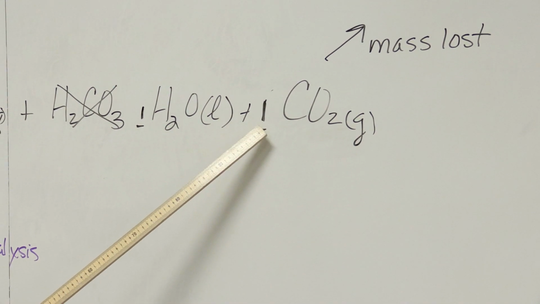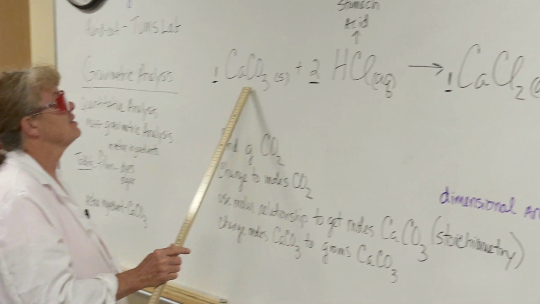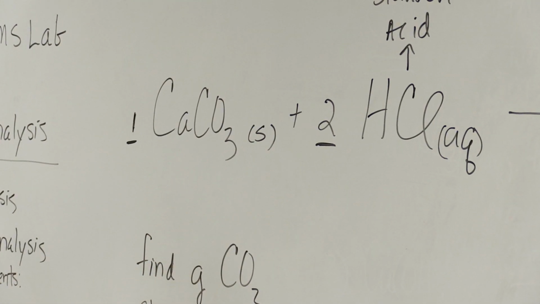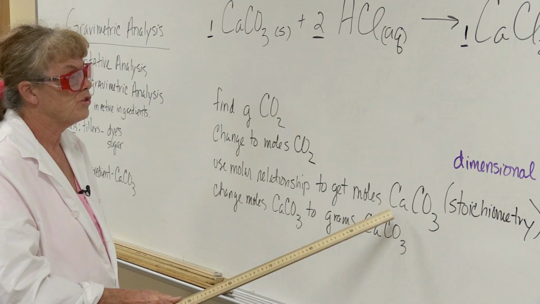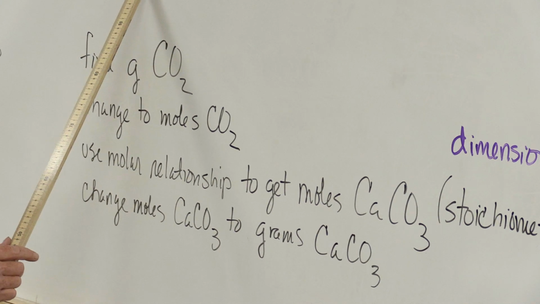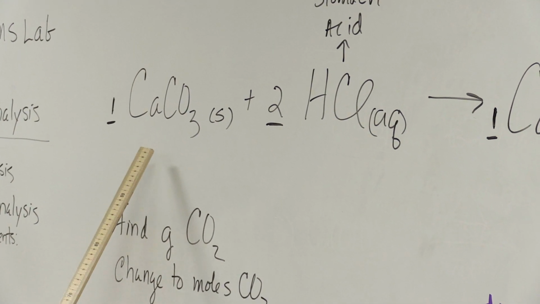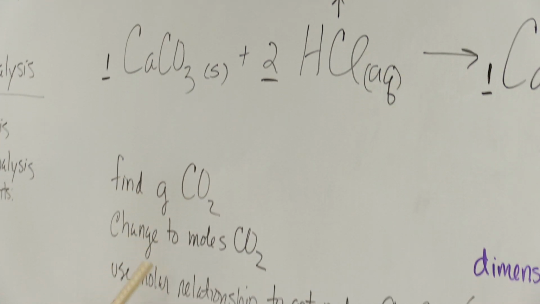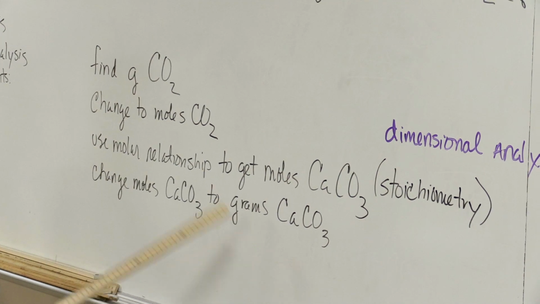Then we're going to use this molar relationship, 1 CO2 to 1 CaCO3, and change the moles of CO2 to moles of CaCO3 using the stoichiometry. Once you get the moles of CaCO3, you can use the molar mass or the molecular weight and change the moles of CaCO3 to grams of CaCO3.